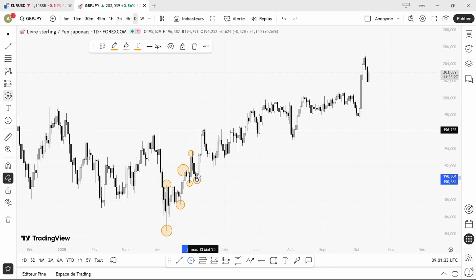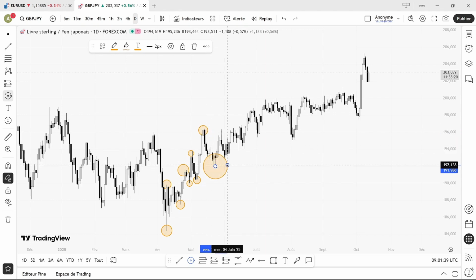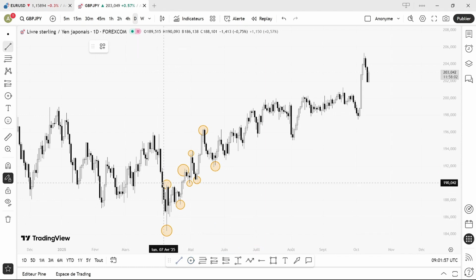This is a higher high, this is a higher low. So meaning in this very market the buyers are more than the sellers, thus giving us this break of structure to the upside. So break of structures, of course, are very present.